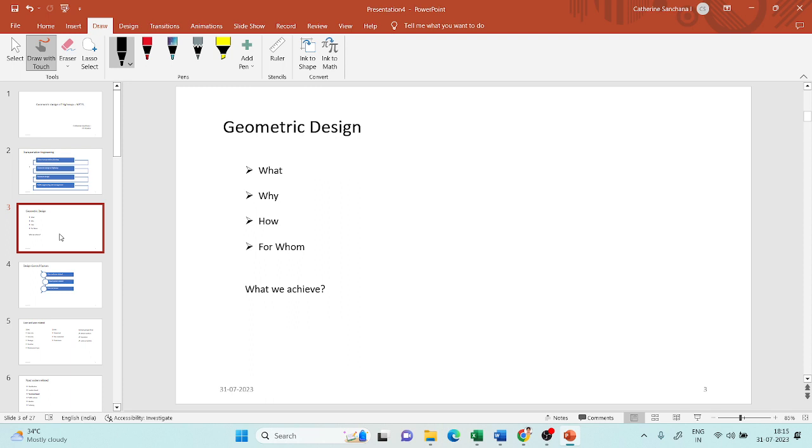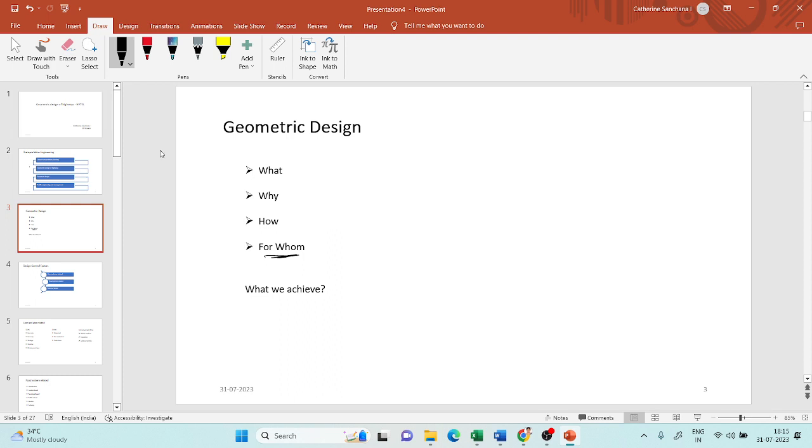The road users can be the people driving the vehicle, the pedestrians who make use of the pavement, or the stakeholders, the people who invest in the road. That comes under for whom the geometric design is planned. And what geometric design is, we saw now: the design of physical entities.